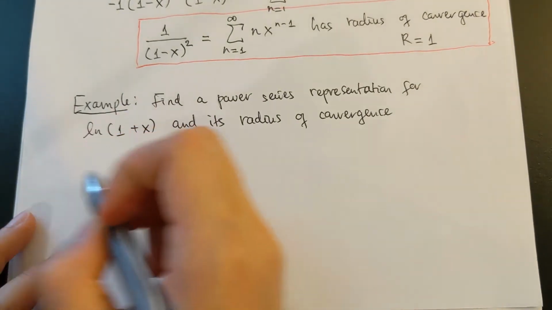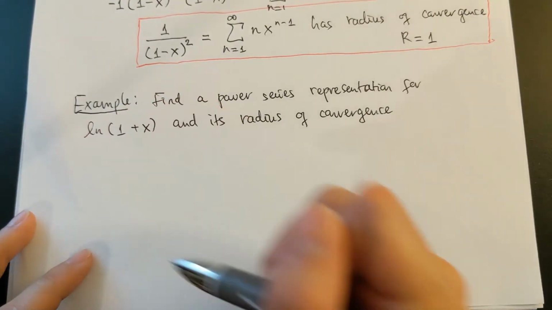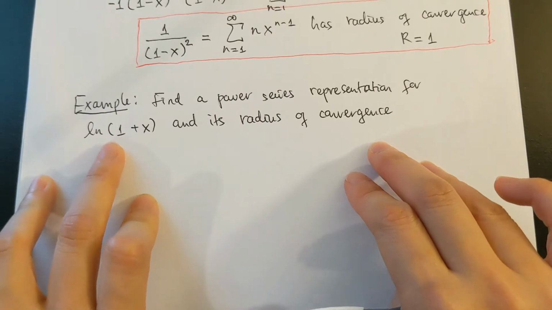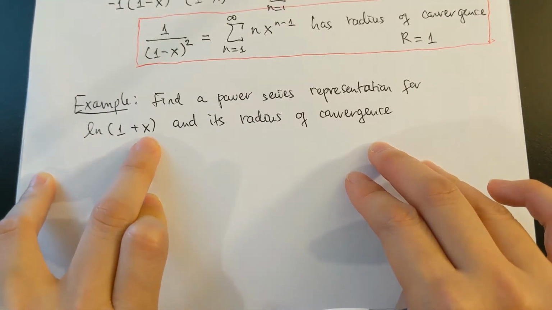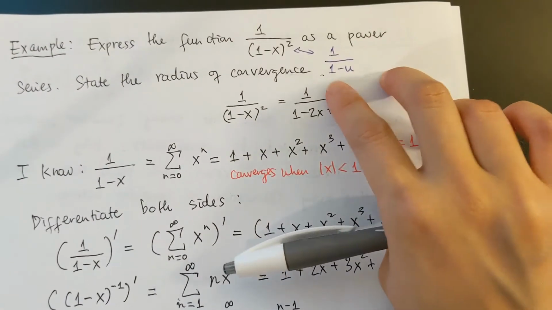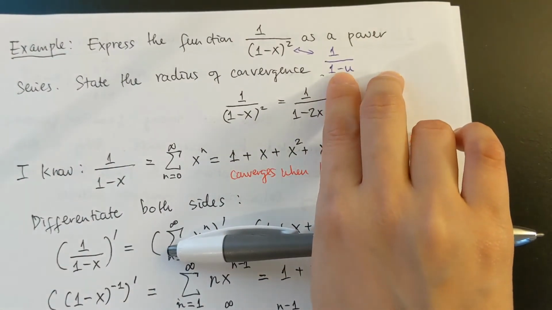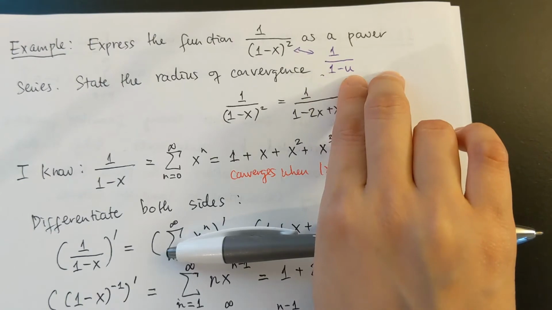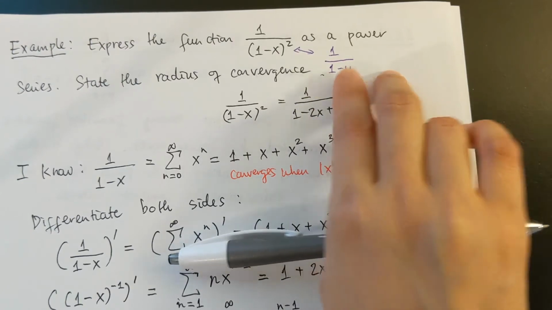Okay. So here we go. Natural log of 1 plus x, it looks nothing like the form 1 over 1 minus u, right? So there's no way that we can make it look something like this.